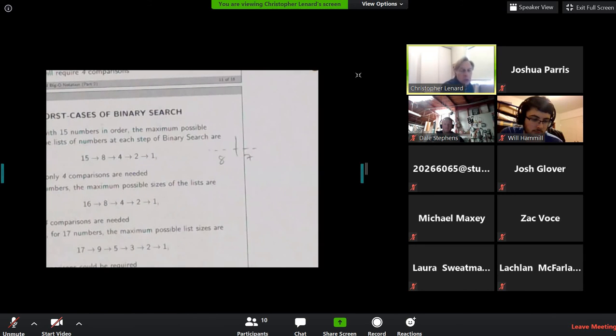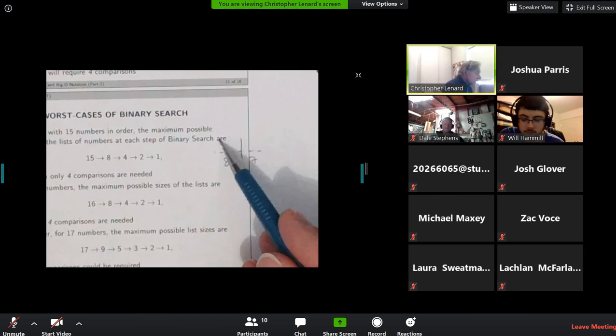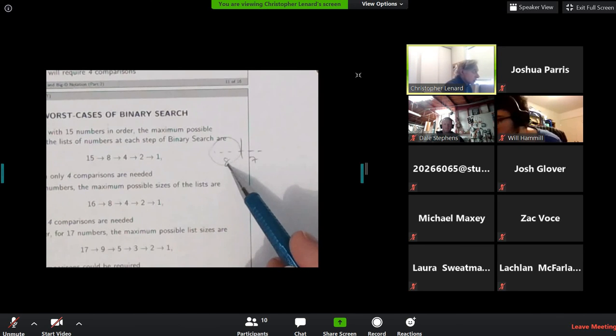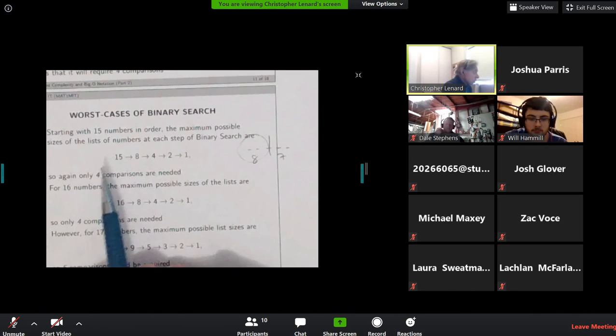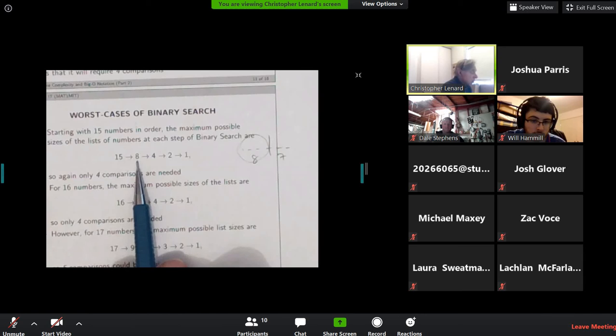That's the closest to an equal division. And if you're unfortunate enough that your target is in the longer one, that's going to take a little bit more work, because there are just fewer things in the other. So the worst thing that can happen is that your target is in the slightly longer half.